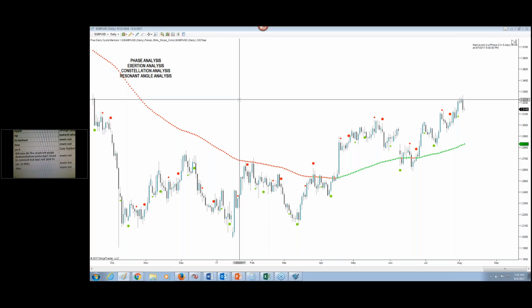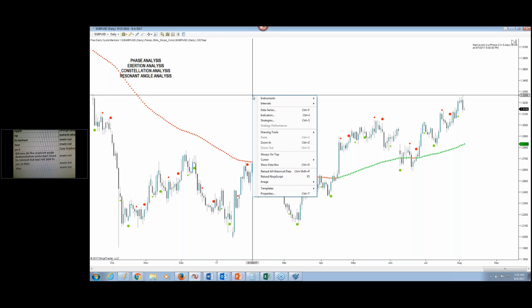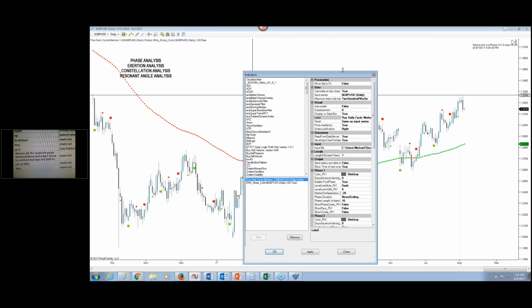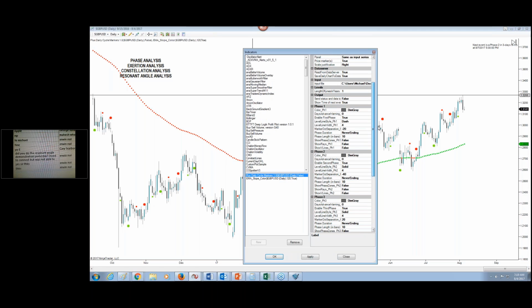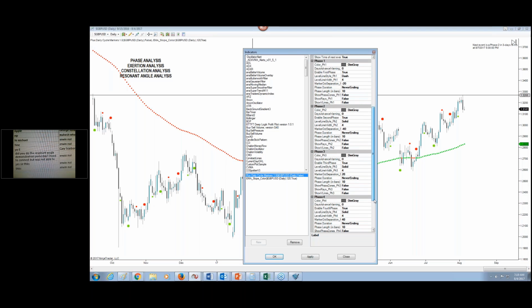One of the things I want to look at is the phase analysis first. There are four phases represented by the daily cycle marker indicator: 1, 2, 3, and 4. Those steps repeat over and over again. We're currently on phase 1.